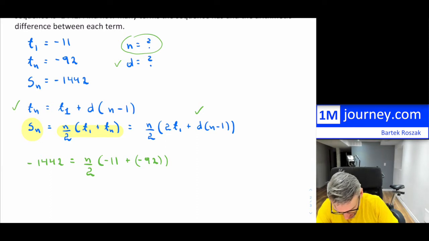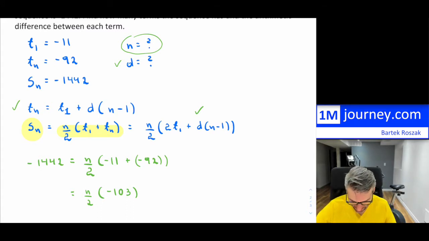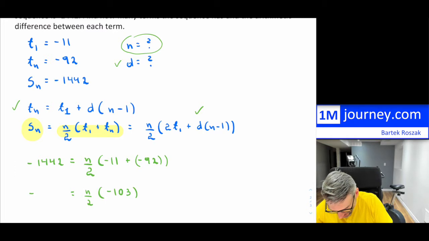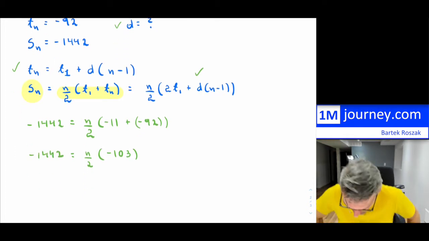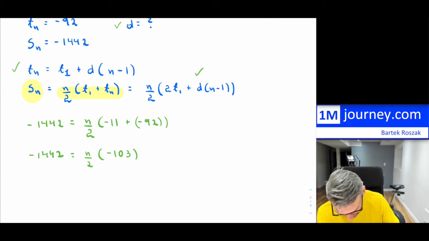So what do we have in here? -11 and -92, you add them up, and it just becomes more negative. So n over 2, in brackets, you're going to have -103, because you're adding them up, and -1442 on the left-hand side. Now I'm just going to solve for n.